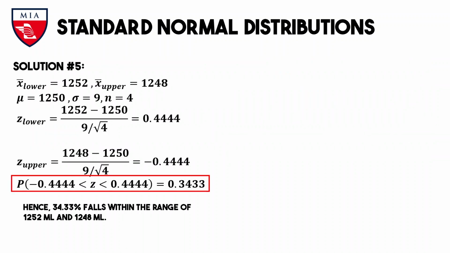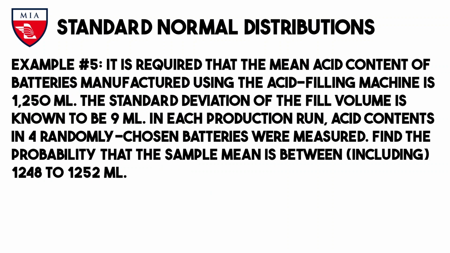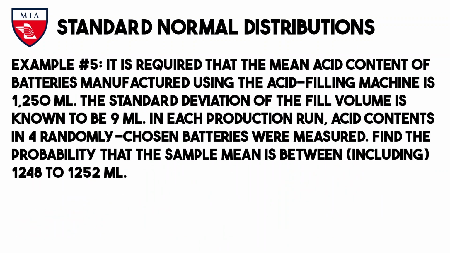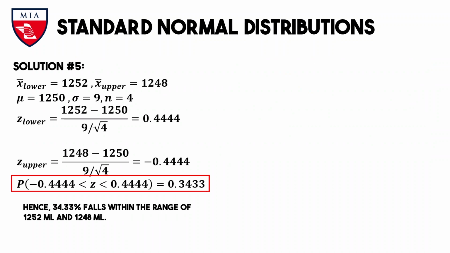So let's solve this problem. We have lower and upper limits, so we have x1 and x2. Our mean is equal to 1250 and the standard deviation is equal to 9 ml. In the given, x1 is equal to 1252, and our x2 is equal to 1248.